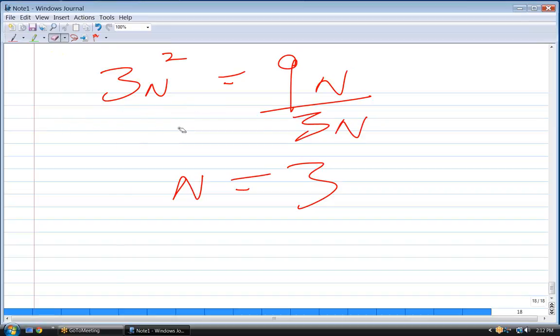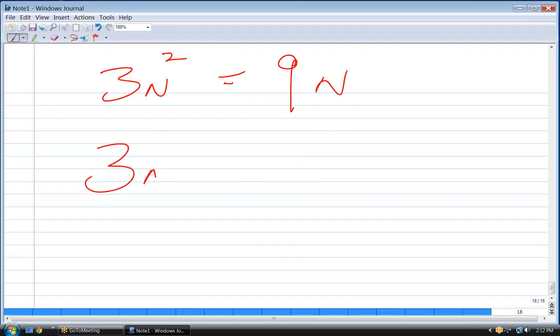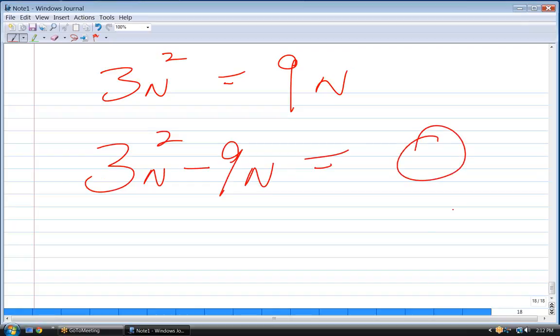So if we go back and do this the proper way, which is to subtract 9n from both sides, well, what's left on the right? 0. If I subtract 9n, I'm left with 0. Now we have the same kind of problem we've been looking at the whole lesson. Let's factor this.